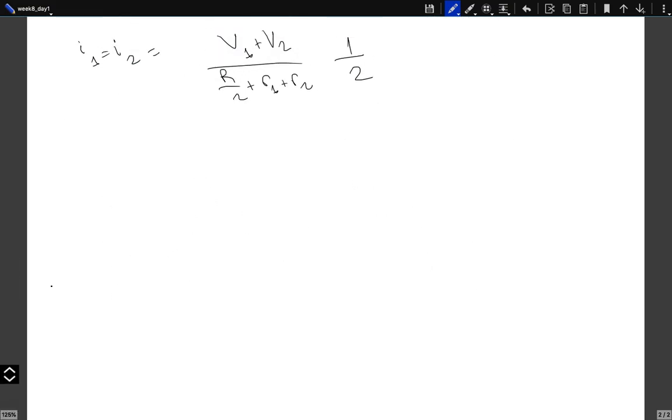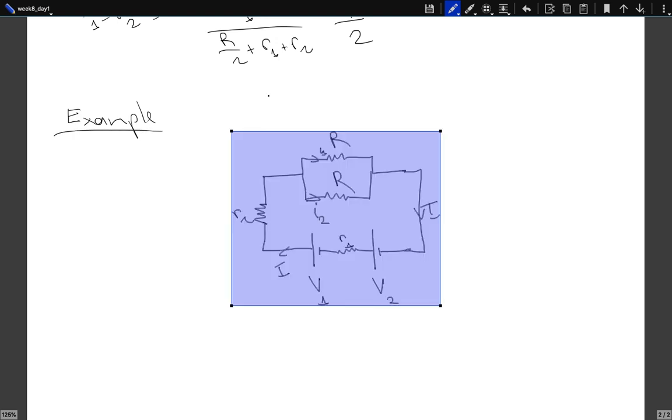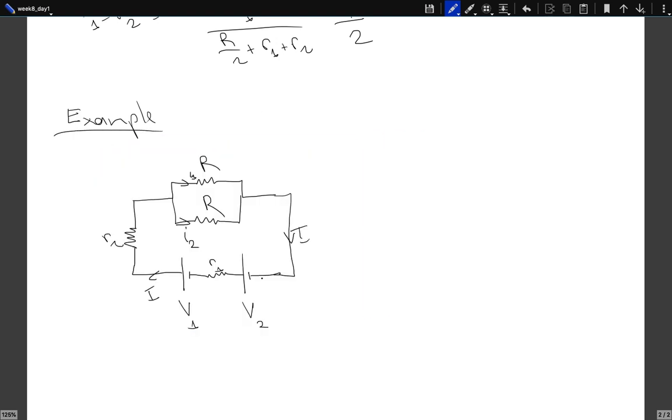Well, let's take the same circuit. But this time, let's just reverse one of the batteries.